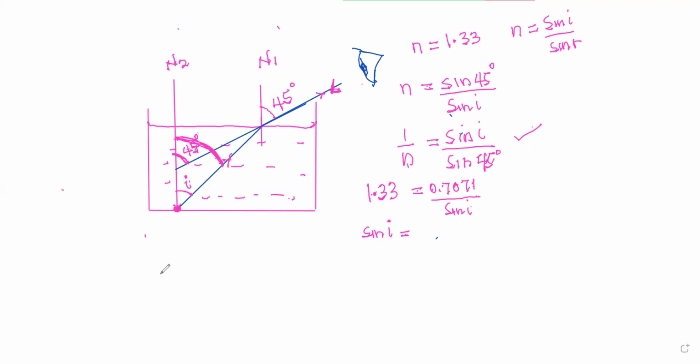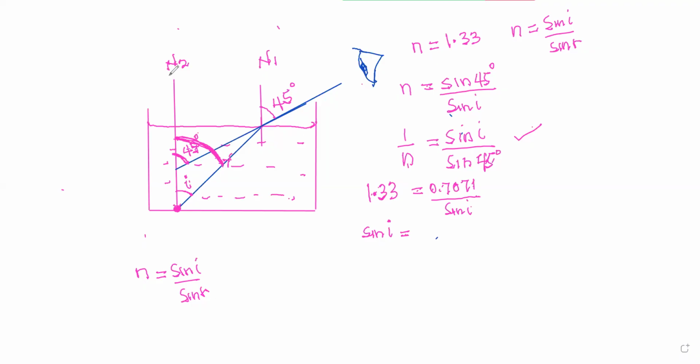Snell's law is saying that absolute refractive index, and don't forget for absolute refractive index, the first medium or the light must actually come from air. So Snell is saying that absolute refractive index is sine I over sine of R, where I is the angle of incidence, R is the refraction.